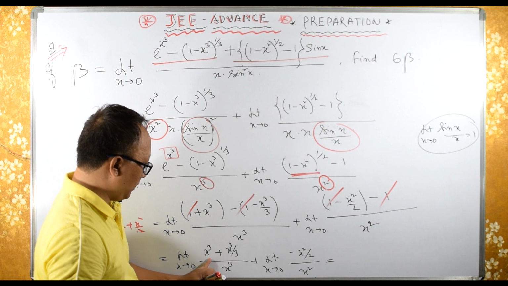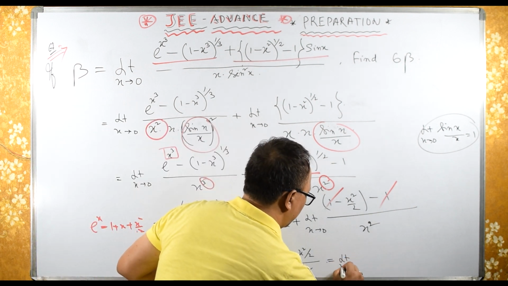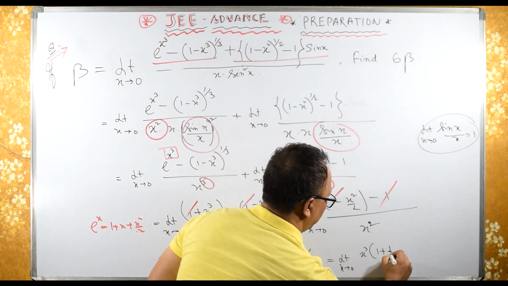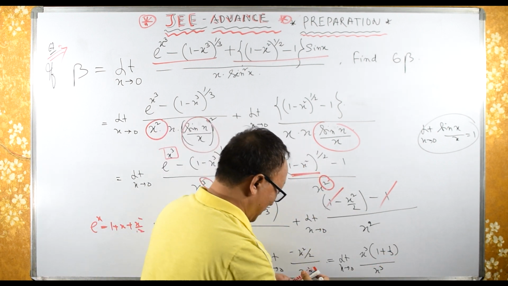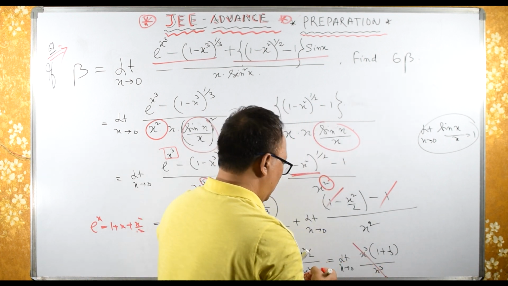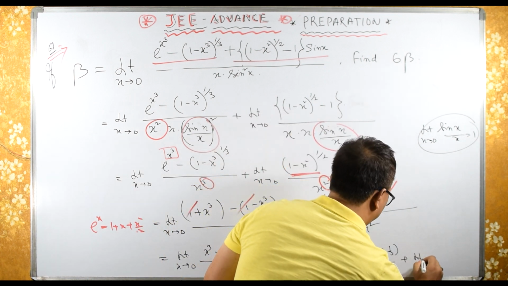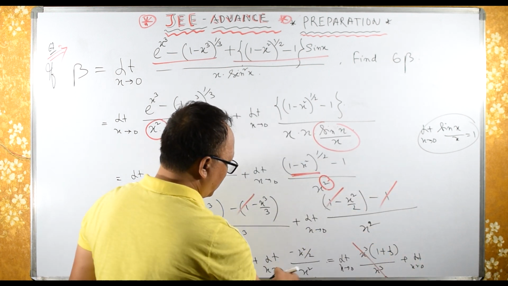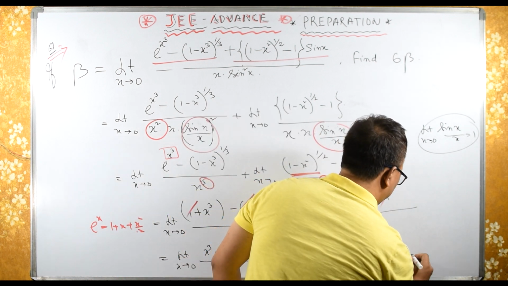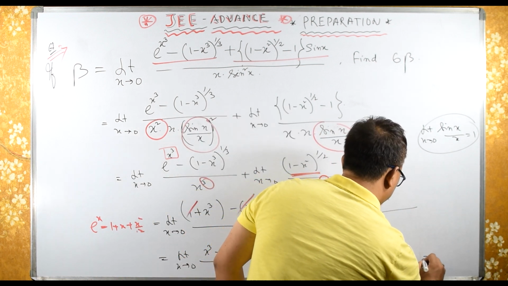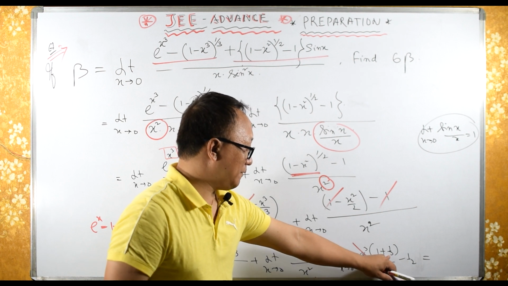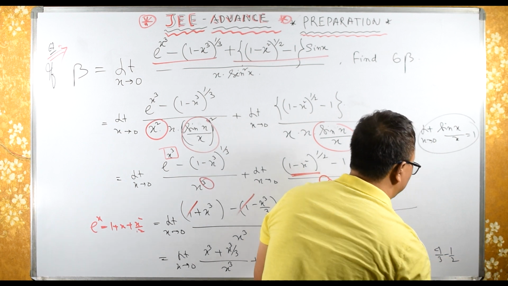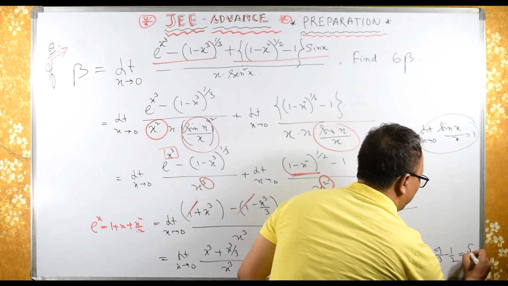Here if I take x cube common, limit of x tends to 0 of 1 plus 1 by 3, upon x cube, therefore this x cube and x cube get cancelled. And then plus limit of x tends to 0, here x square gets cancelled, so we have minus half. Here we have 1 plus 1 by 3, which is 4 by 3. Therefore 4 by 3 minus half is equal to 5 by 6.